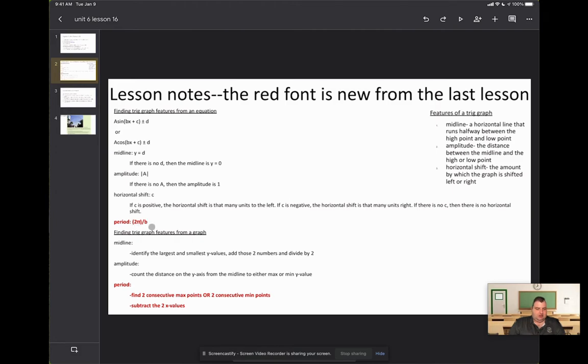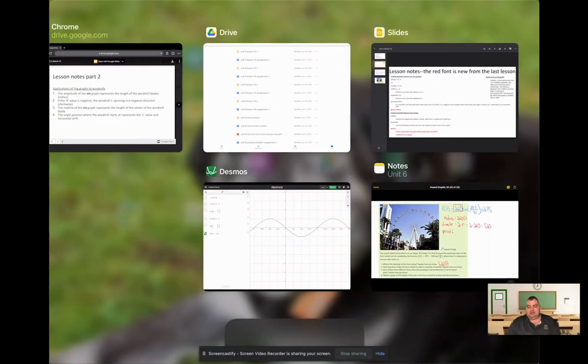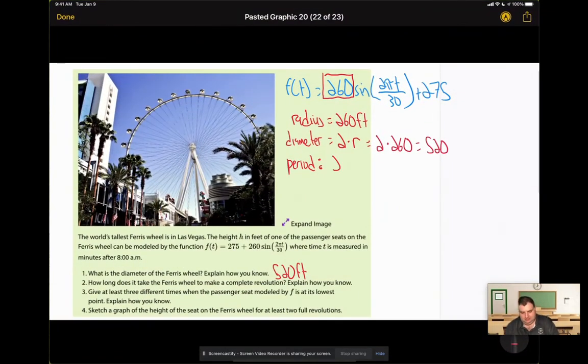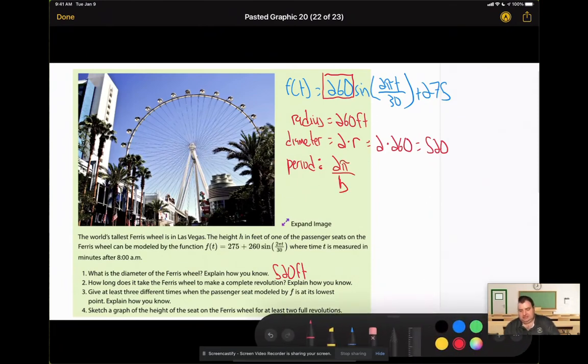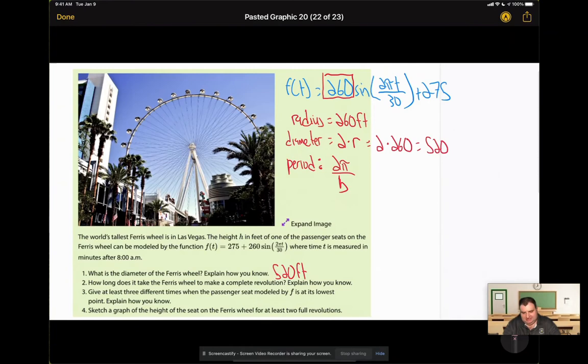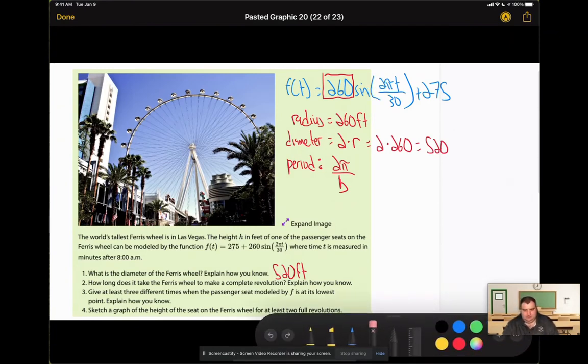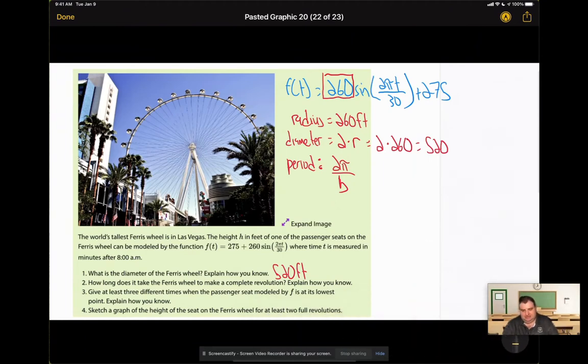So the formula is 2 pi divided by b. Okay. In this case, the number that's being multiplied by x, or in this case t, is this part right here, 2 pi over 30.